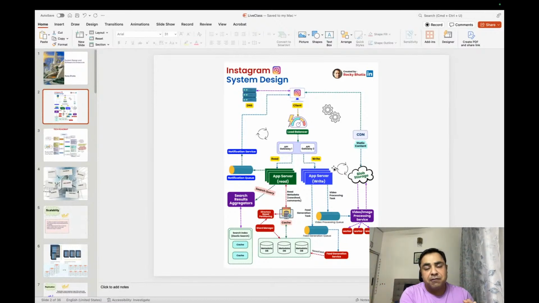It could be structured, semi-structured, or unstructured data. Structured data means tabular data, where you maintain logical information in a structured way in typical SQL databases. Some examples could be user-related information or financial information.